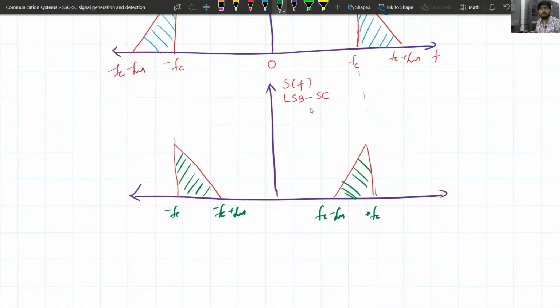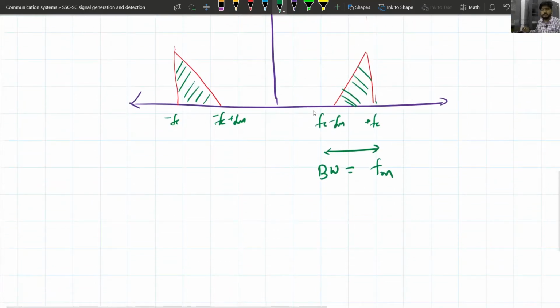Now the benefit of using the SSB signals is that the bandwidth requirement becomes half compared to the amplitude modulated signal and the DSB-SC signal. Now you see, the bandwidth in case of the AM signal is 2 times FM.